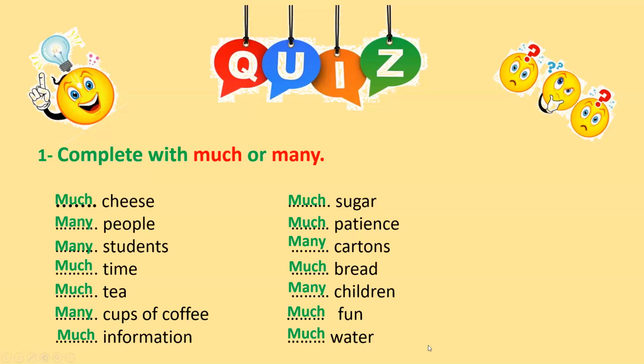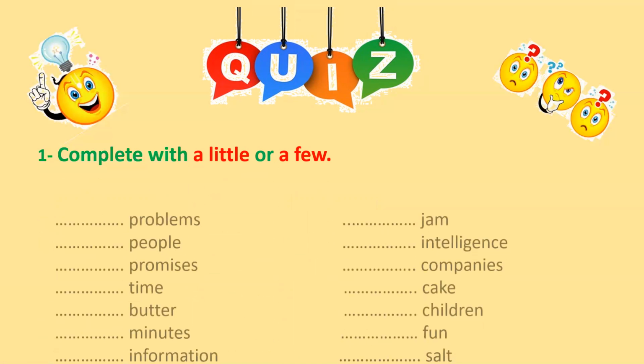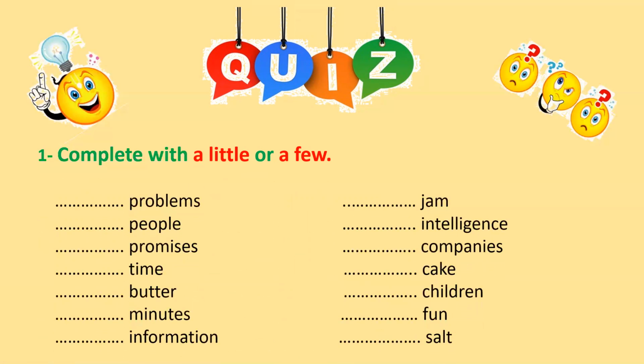Now we go to the second quiz. In this quiz, you're asked to complete with a little or a few. Let's see the nouns. While I'm reading the nouns again, try to do it.